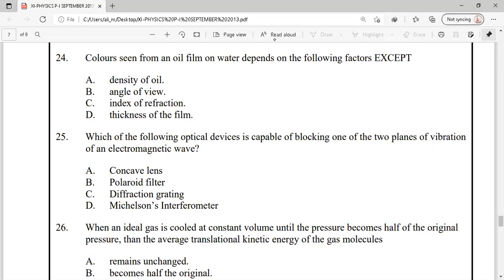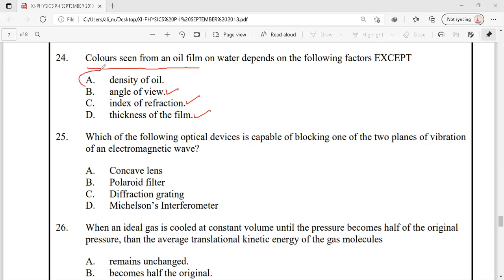So this is the phenomenon in which we see colors on a thin film of oil. It depends on the angle of view, that is, at what angle we are seeing that layer of oil, the index of refraction, and the thickness of the film.